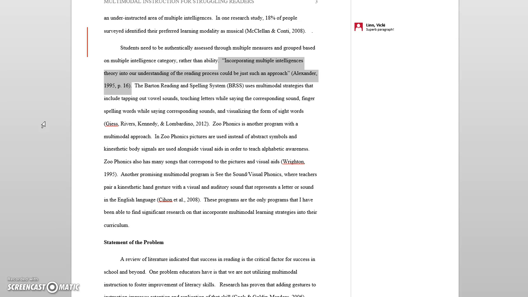The other thing that I'll call attention to, on the right-hand margin, you'll see it says Vicki Lynn, and it's got a little person icon, and there's some comments there. This is what review mode looks like when you get your document back. So when we give you feedback on your review of literature, you'll see that.